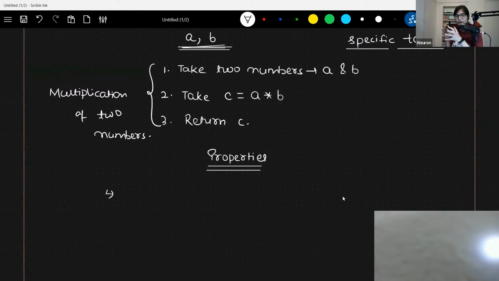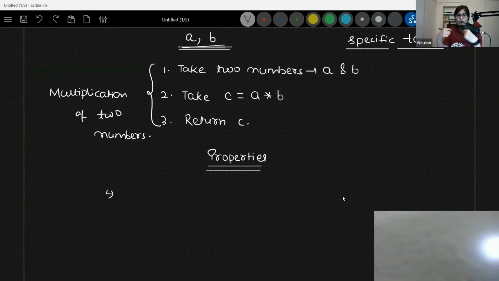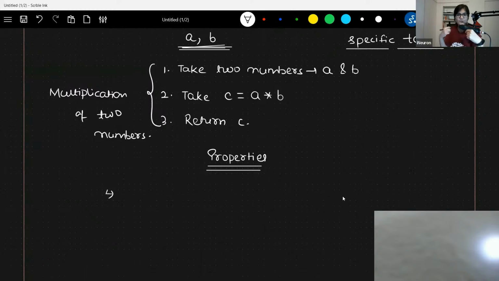If you have written any kind of algorithm, it should not be that your code keeps on running and is not generating any output. So the very first property of an algorithm is that it should terminate.